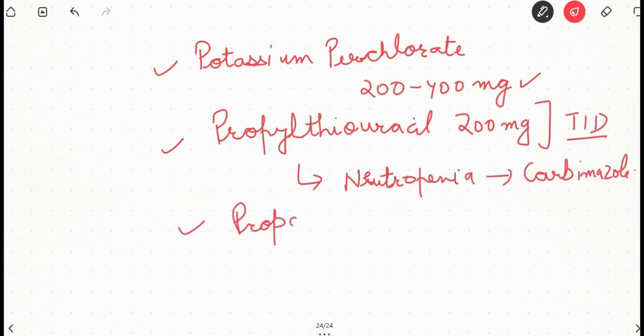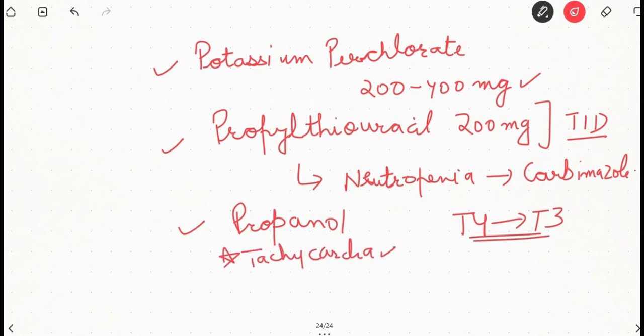Propranolol inhibits the peripheral conversion of T4 to T3, so that results in rapid control of tachycardia. It should be continued for 1 week after surgery because it does not interfere with the synthesis of hormone.